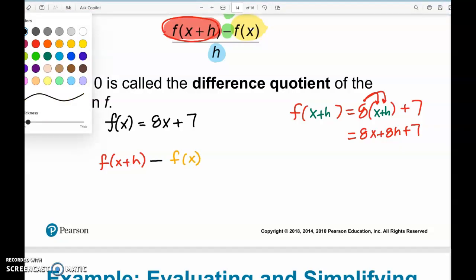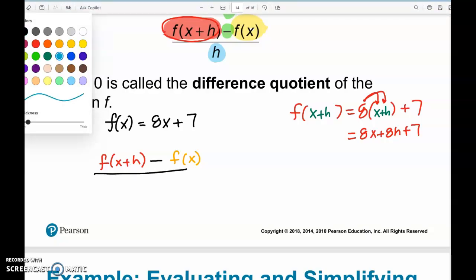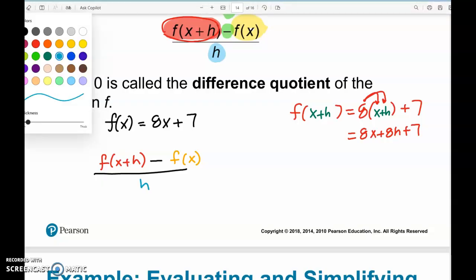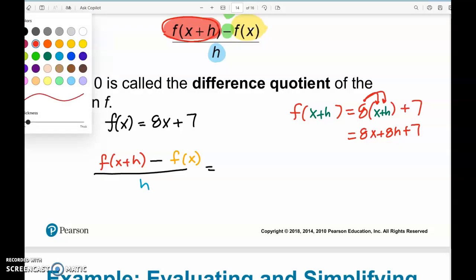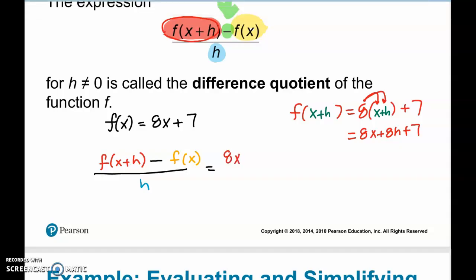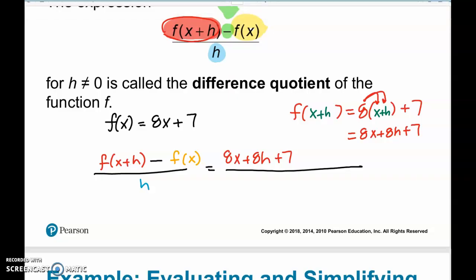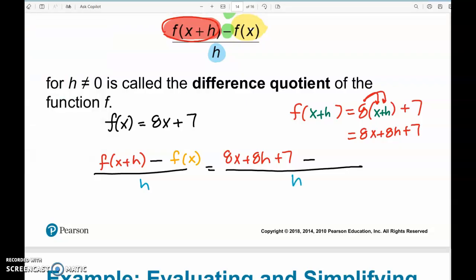In place of x plus h, I'm going to put in this part in red. So I'm going to write in 8x plus 8h plus 7. This part in red is equal to this expression. So that's this part. The denominator will just be the h. There's nothing to do down there.